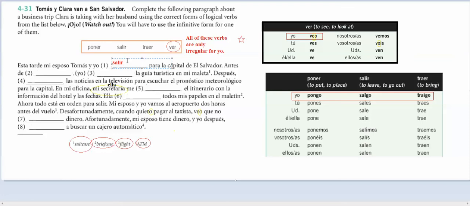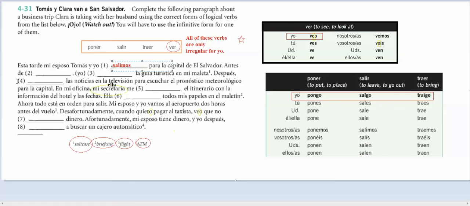Because that's how you decide to conjugate your verb, by knowing who's the subject of your sentence. The people that are leaving are Tomás y yo. You can't find that in your chart, but you could change Tomás y yo to we, or nosotros, because you could say, this afternoon my husband Tomás and I, or we, left for the capital. So if you use nosotros for salir, you would change it to salimos.